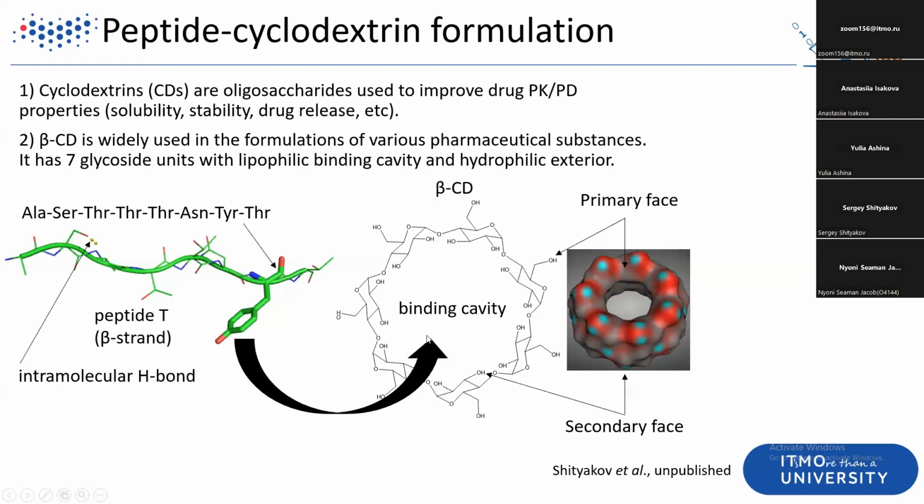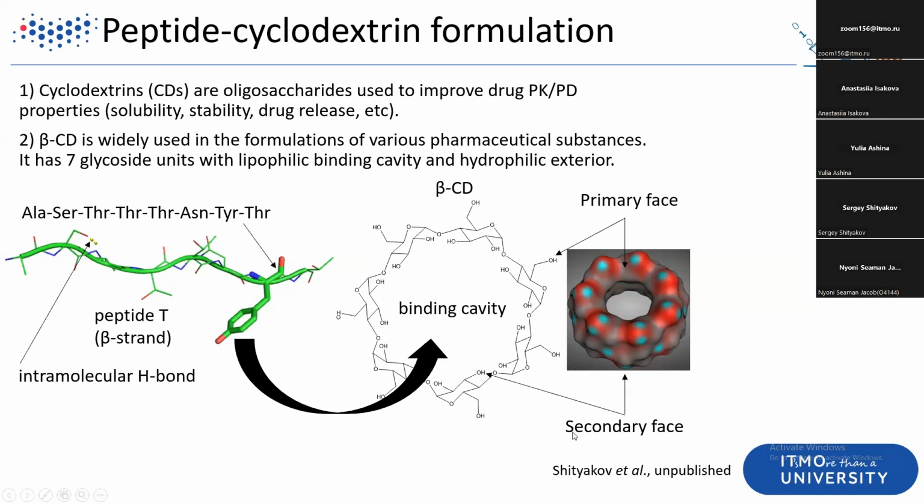So the idea was to perform the formulation using molecular docking, and then in the dynamic simulation, one could analyze this dynamics and how the T-peptide would interact with the cyclodextrin structure. So the cyclodextrin structure has a very complex topology.